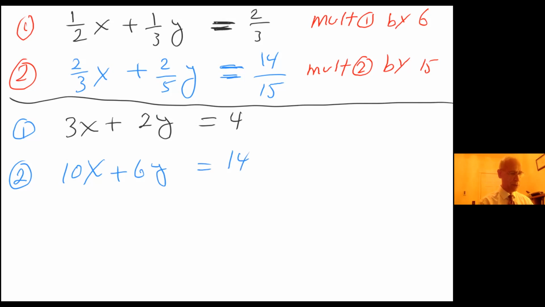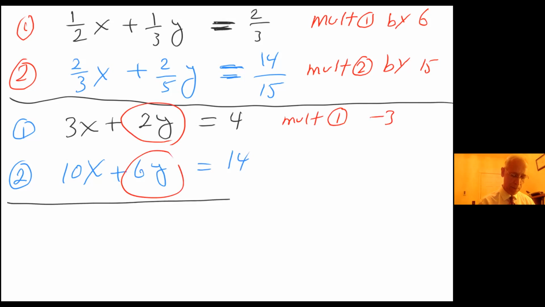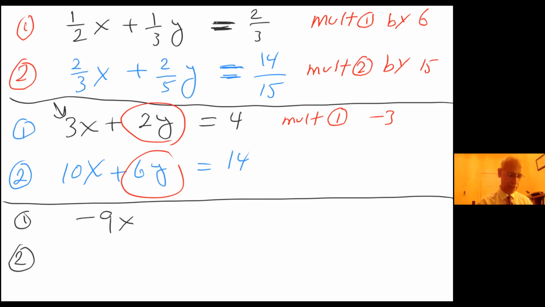So now I'm going to multiply the first one by -3. If I do that, then this becomes -6y, and then it can cancel this one. So multiply the 3x times -3 gives me -9x, 2y times -3 is -6y, and 4 times -3 is -12.